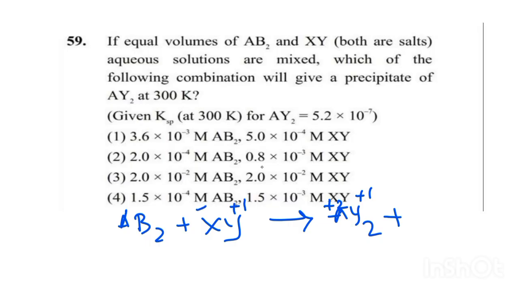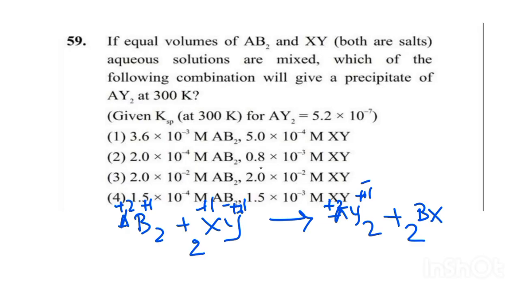Therefore B is also -1, and X will be +1. So we have the combination of B and X. BX will be, because it is +1 and it will be -1. Now if we balance it out, Y is 2, therefore X will be 2, B is also 2.